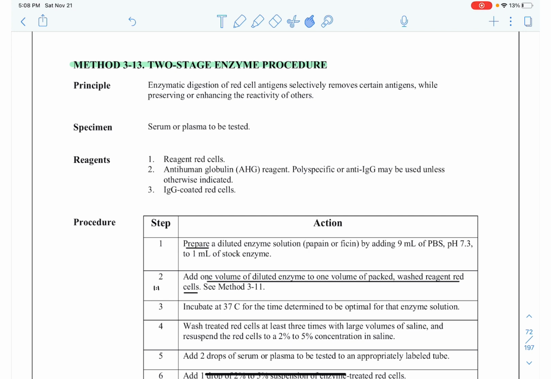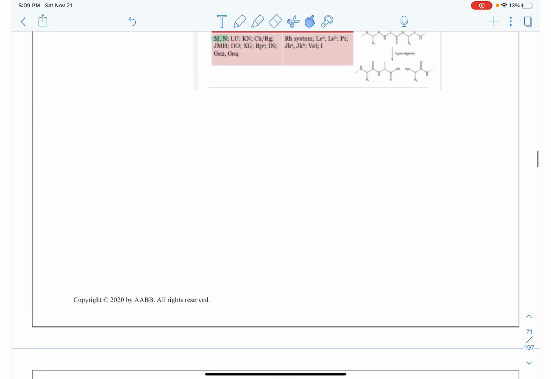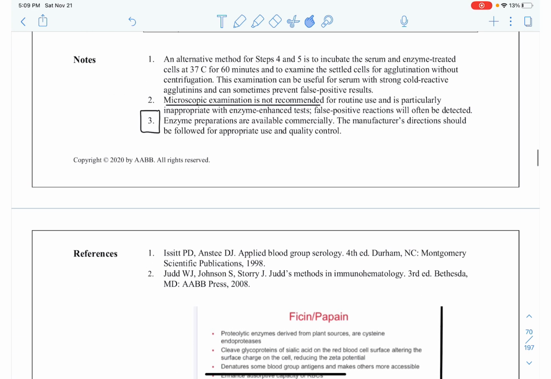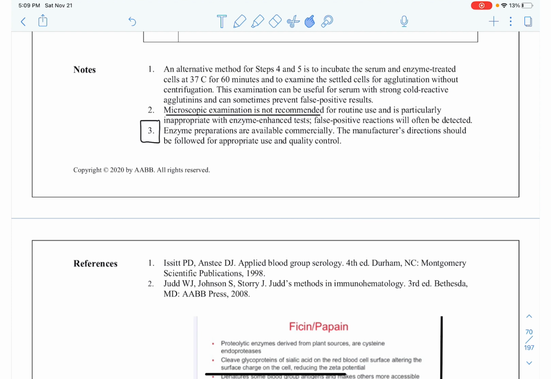You don't necessarily have to memorize the number of drops. There are benefits and disadvantages to either method, which one should consider when budgeting the laboratory. Microscopic examination is not recommended in these methods, as noted in the limitations, because of possible false positive reactivity that could occur.